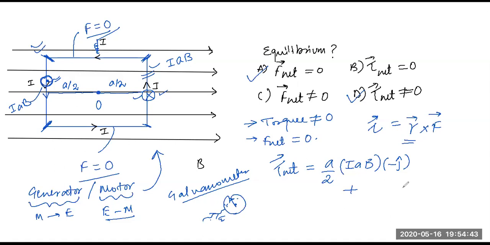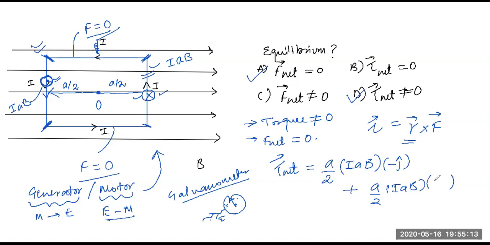What about the second one? A by 2 will remain the same, IAB will remain the same because force and distances are the same. Can you tell me the direction? Now R is in minus I cap direction. This is the direction of R. R is in minus I cap direction and force is in K cap direction.